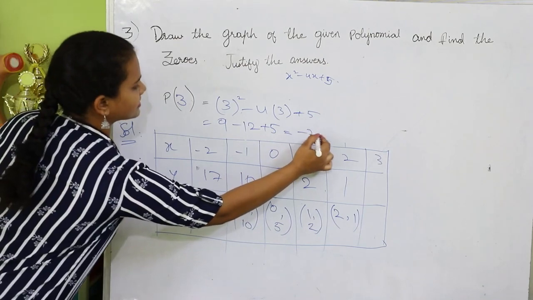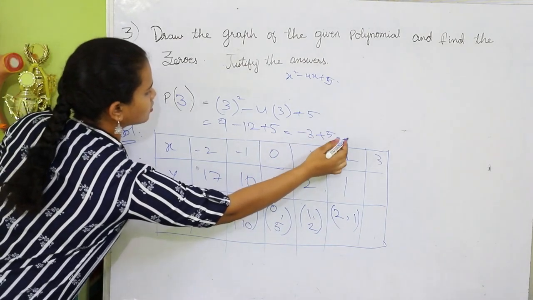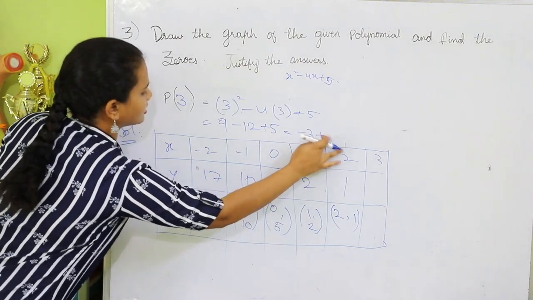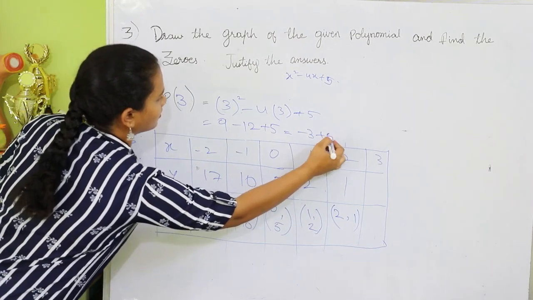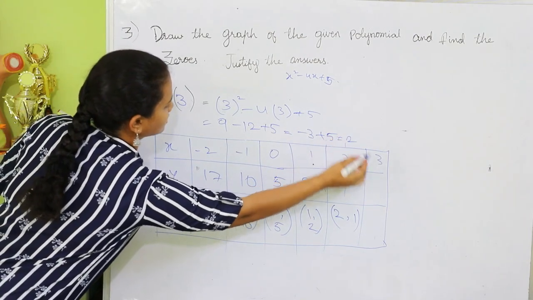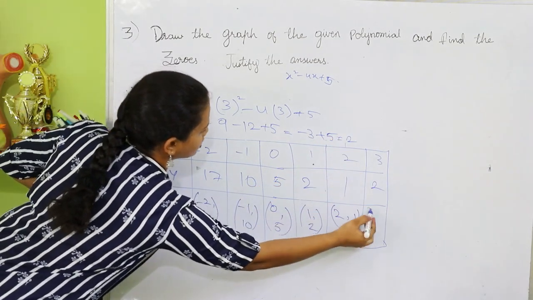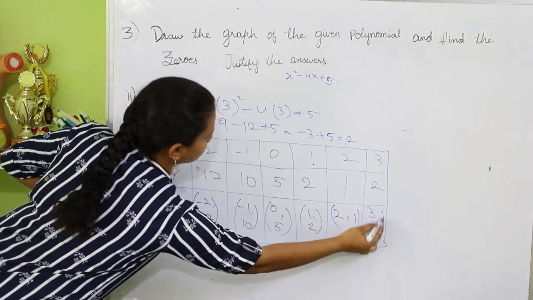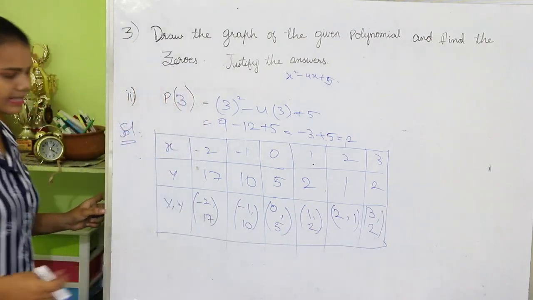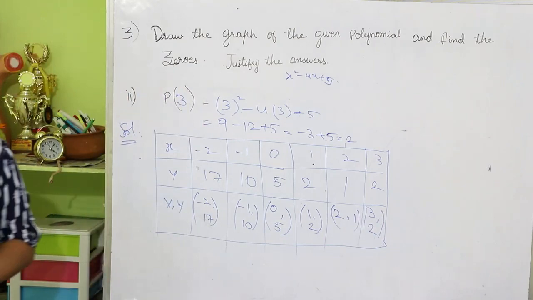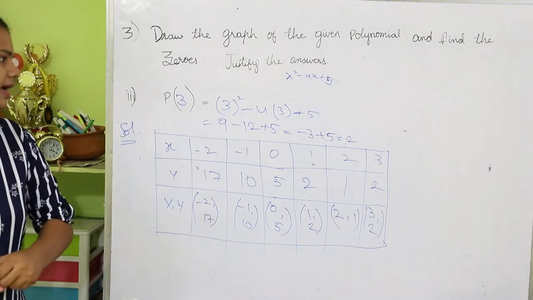Very good. Minus 3 plus 5 gives 2. So therefore, y value is 2. x comma y equals 3 comma 2 are the values. Clear?